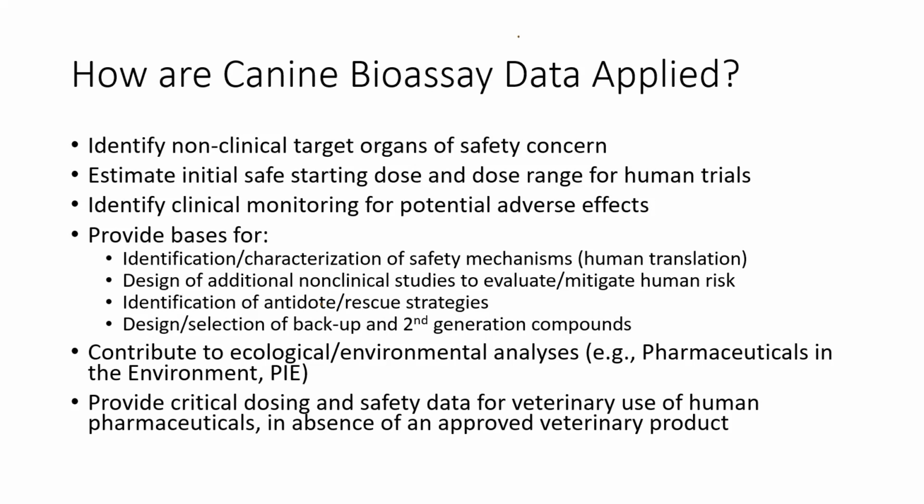How are the bioassay data applied? Well, as specified in ICH M3R2, a primary application is to identify non-clinical target organs of potential safety concern in humans. Also to estimate an initial safe starting dose and dose range for the human clinical trials. That's a separate guidance document if you're interested in the details. The bioassay studies also identify clinical monitoring for potential adverse effects.